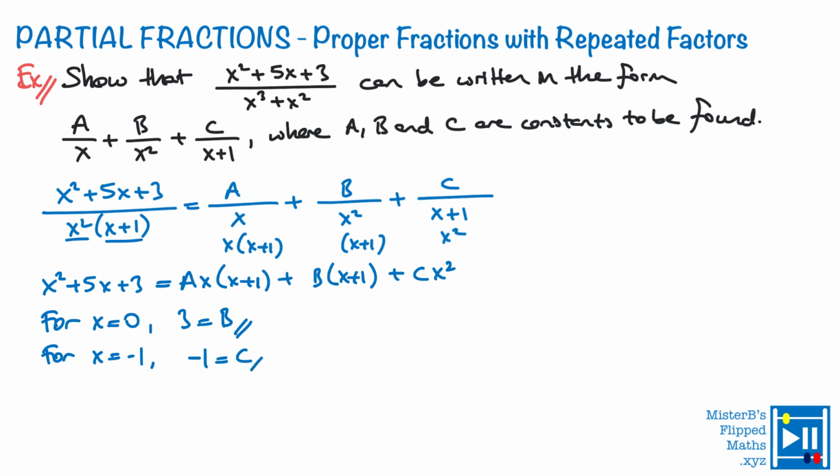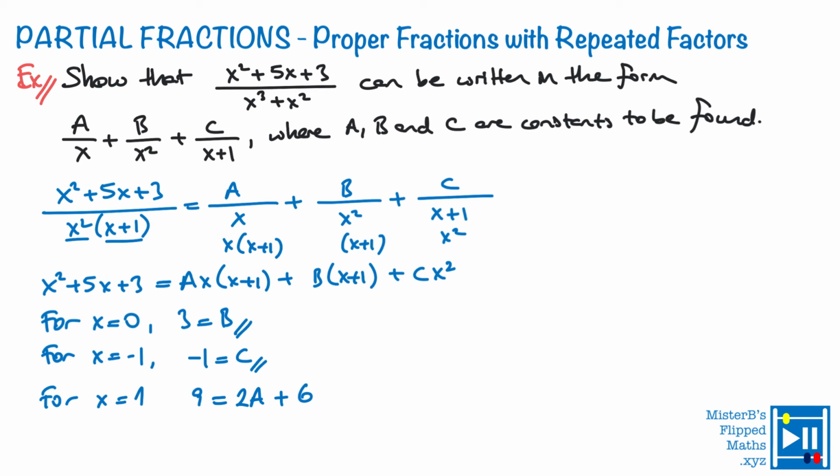Now, I know b and c. All I need is a. Well, I can substitute x to be 1. So the left-hand side will be 9, and I know b and c. I'm going to substitute them along with the value of x. So the right-hand side will be 2a plus 1 plus 1 is 2, and b is 3, so 2 times 3 is 6.